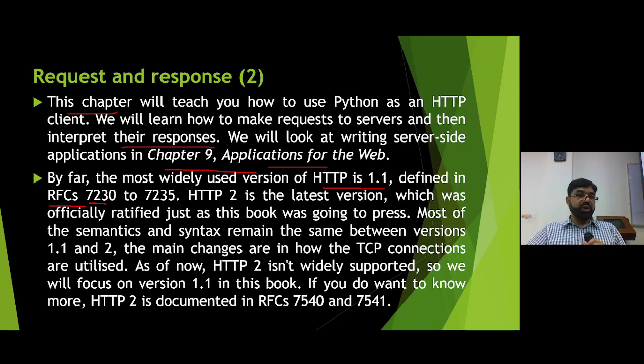So you can go and search for RFC 7230. You will get some text and all the information about this, and you can get RFCs until 7235. Okay, so HTTP 2 is mentioned as the latest version because this book is old, not the latest book. HTTP 3 is the latest version. Most of the semantics and syntax remain the same between versions 1.1 and 2, and I hope not much syntax is changed.